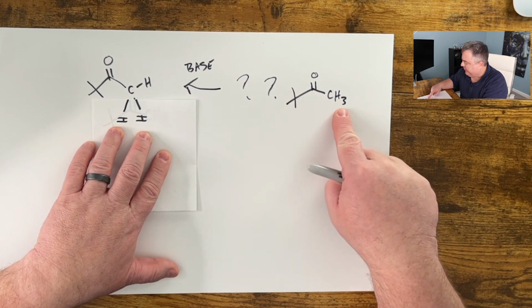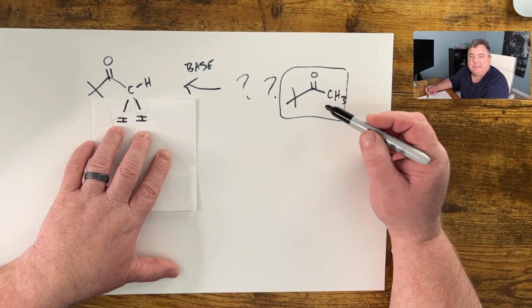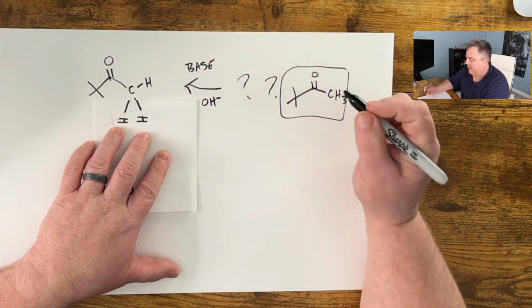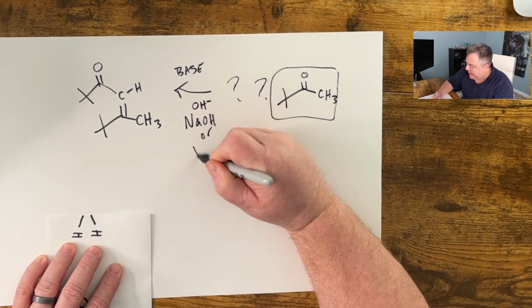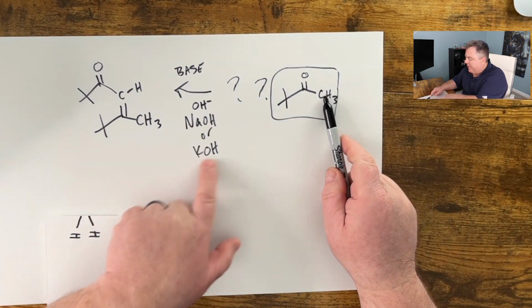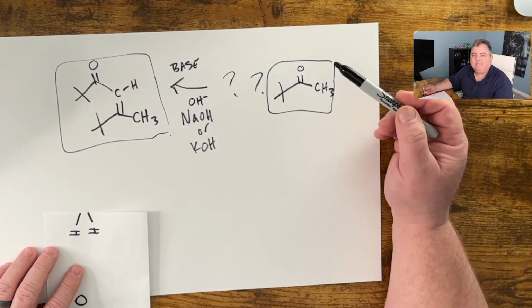Tert-butyl, carbonyl, CH3? Yes. So this molecule, or a beaker full of a bunch of these molecules, and some base, like hydroxide. Somebody might write sodium hydroxide, or somebody might write potassium hydroxide. So one of these hydroxide bases with this would give me this final product.